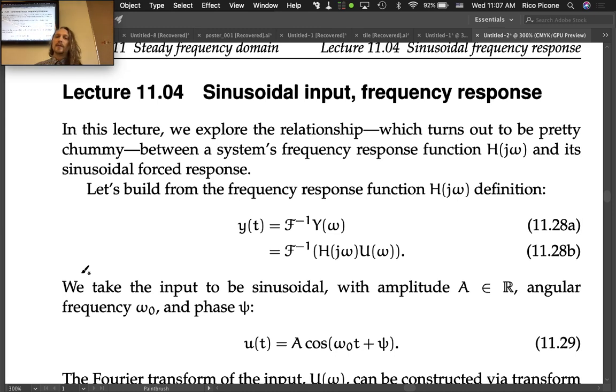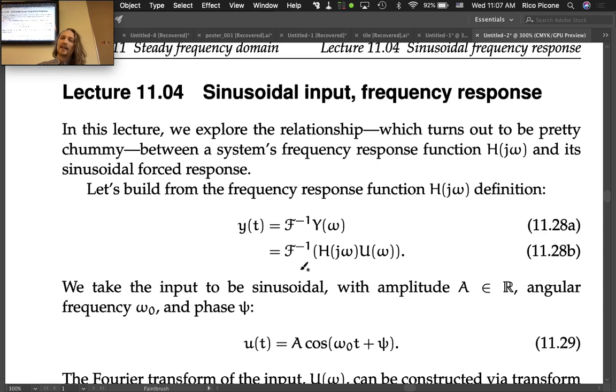Let's build from the frequency response function, H of j omega definition. So we know, just by definition, that y of t is the inverse Fourier transform of capital Y of omega, because Y of omega is just the Fourier transform of y of t, right? So we just wrote y equals y. Great.